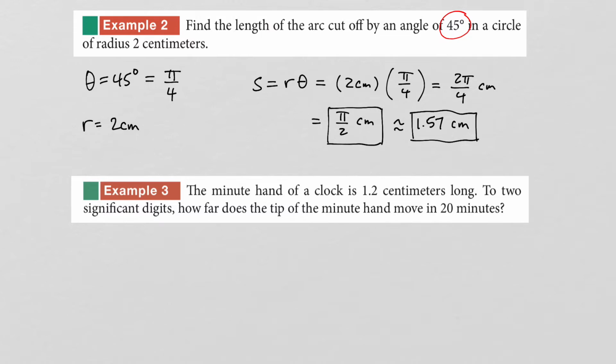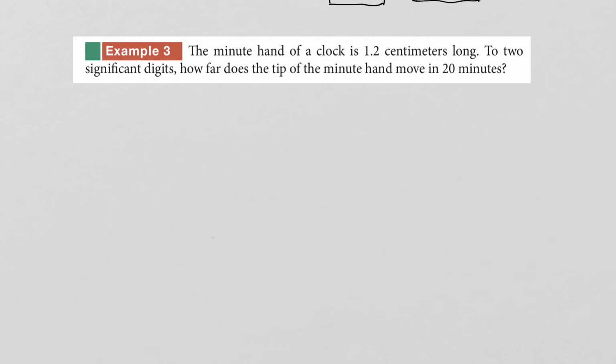Let's look at example 3. In this problem, we're told that the minute hand of a clock is 1.2 centimeters long. To 2 significant digits, how far does the tip of the minute hand move in 20 minutes? Okay, so let's imagine we have a clock. And for simplicity, I will position the minute hand pointing directly upward, vertical.